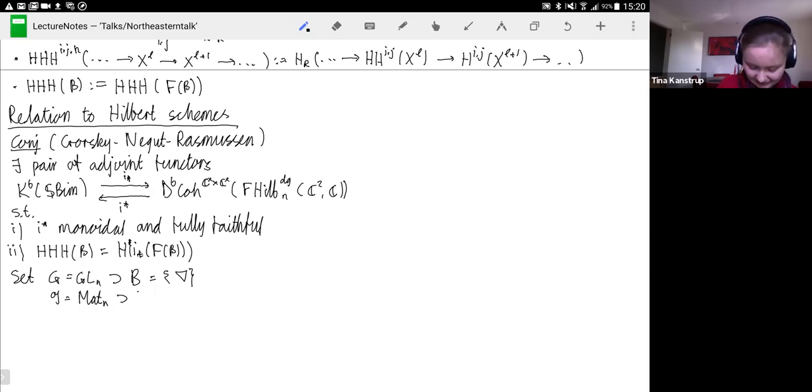And my small b will be the subset of all upper triangular ones. And n will be the set of the strictly upper triangular ones, so zeros on the diagonal and whatever above it. So all of this is type A.